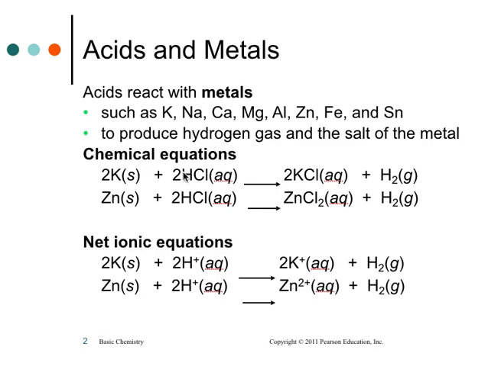If you remember the activity series of metals, where one will replace another, this potassium is more reactive than the hydrogen, and so it's a single displacement reaction where the potassium is kicking out the hydrogen, and then the hydrogen combines together with itself to make hydrogen gas that goes away as bubbles. So the first thing you remember is that metals will react with acids to form hydrogen bubbles.